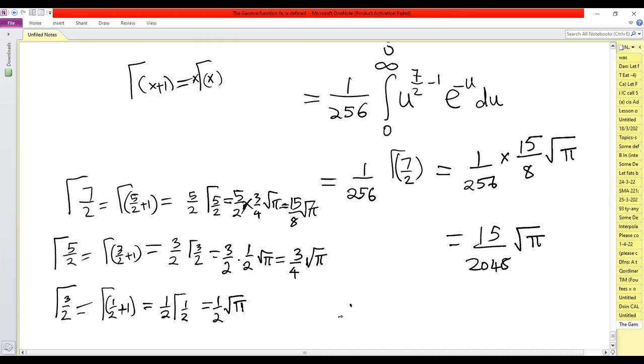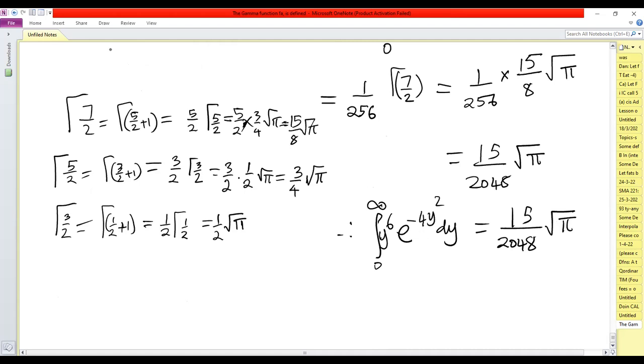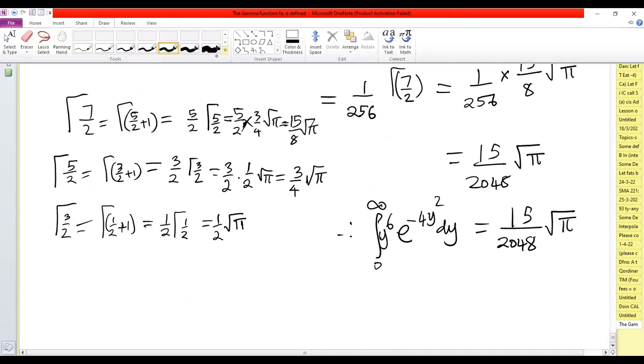So therefore, the integral from 0 to infinity of y power 6 e raised to power minus 4y squared dy is nothing but 15 over 2048 root of pi. So that is the solution to that specified problem.